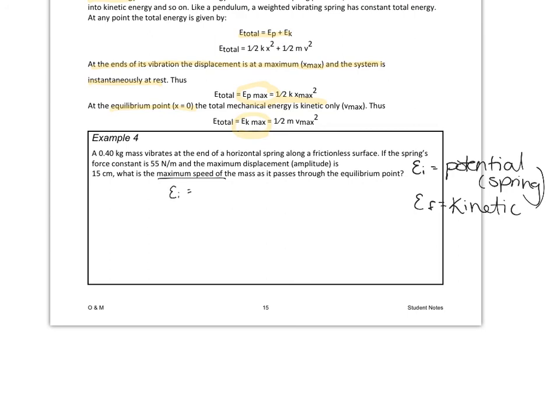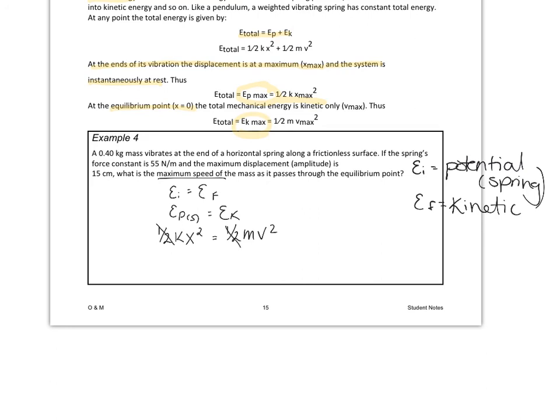So initial energy is equal to final energy, and our initial energy was EP spring, and our final energy is EK. Now, again, our spring energy formula is 1/2 kx squared, and our kinetic energy is 1/2 mv squared. I could multiply both sides by 2 and cancel out the 1/2, so why not?